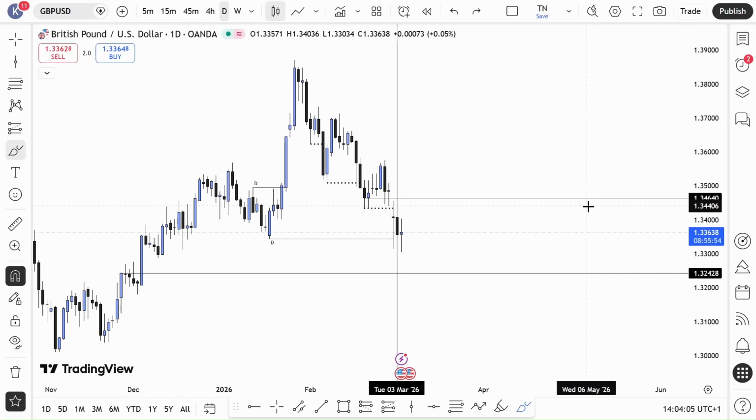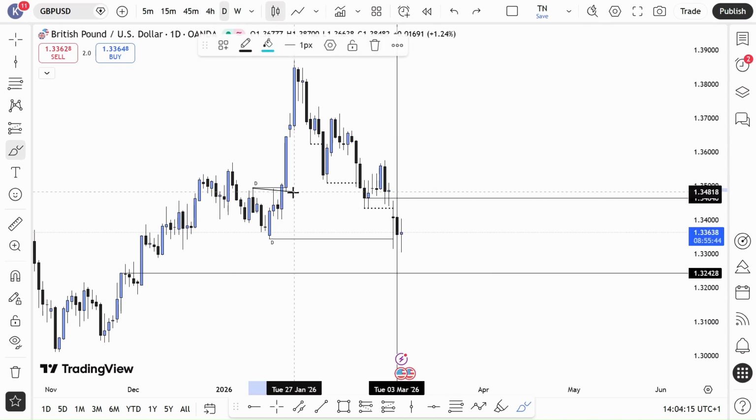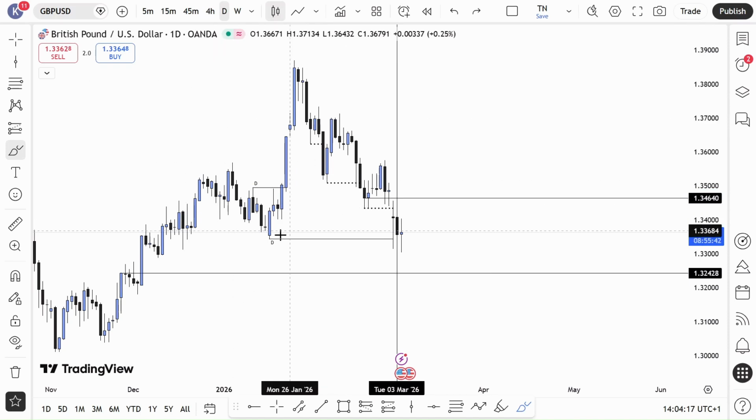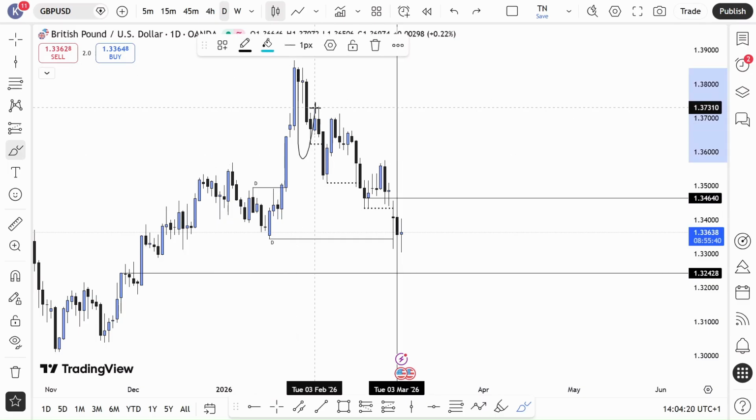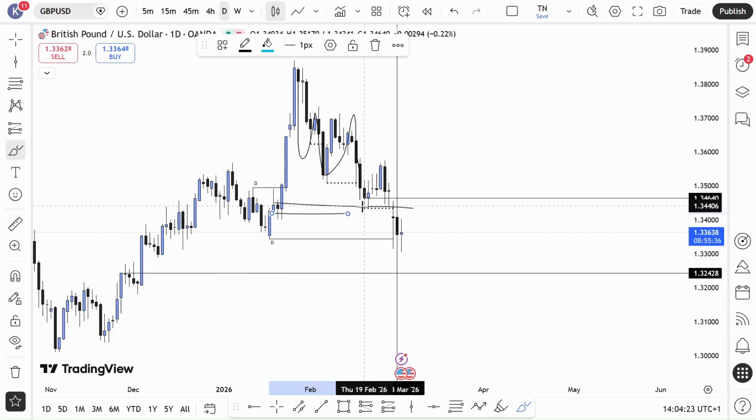Heading straight to the charts on GBPUSD, looking at things from the daily time frame, if we go a little bit backwards, we had this break of structure, external structure wise, and we were having a structural pullback right into that level. Then we took the lows and price continued to the downside.